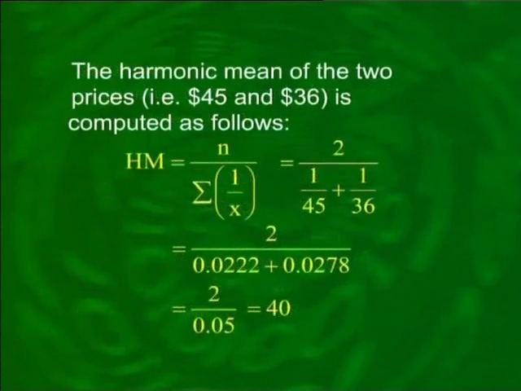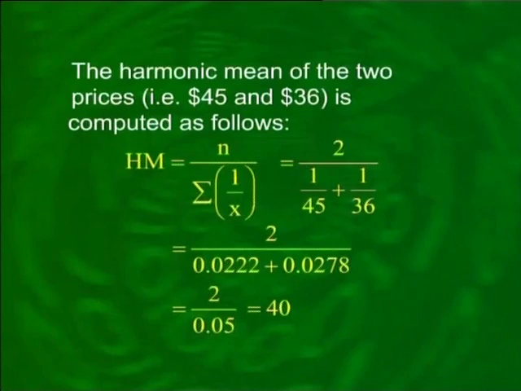And in this example, the harmonic mean of the two prices, that is $45 and $36, is computed by the formula n over summation 1 over x, which is equal to 2 over 1 over 45 plus 1 over 36.